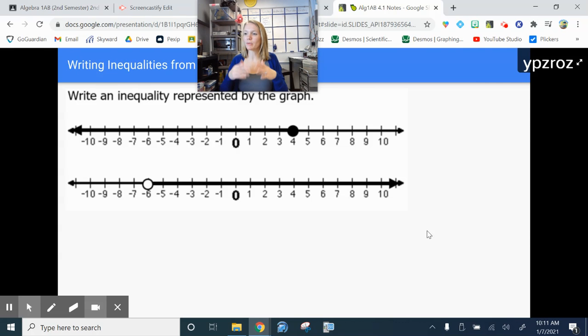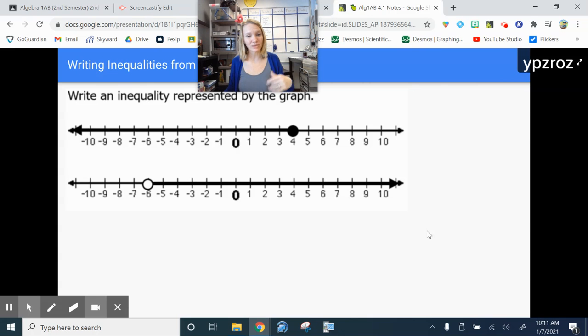So writing our inequalities from a graph. So our next ones here, now it's already graphed for us. So we're going to write our inequality. And a lot of you guys actually were doing really well. You graphed first and then you wrote your inequality, which is basically what we're doing here. So we can see on this first example that we have a closed circle on the 4, and it appears that the graph is shaded or darkened on the left of that.